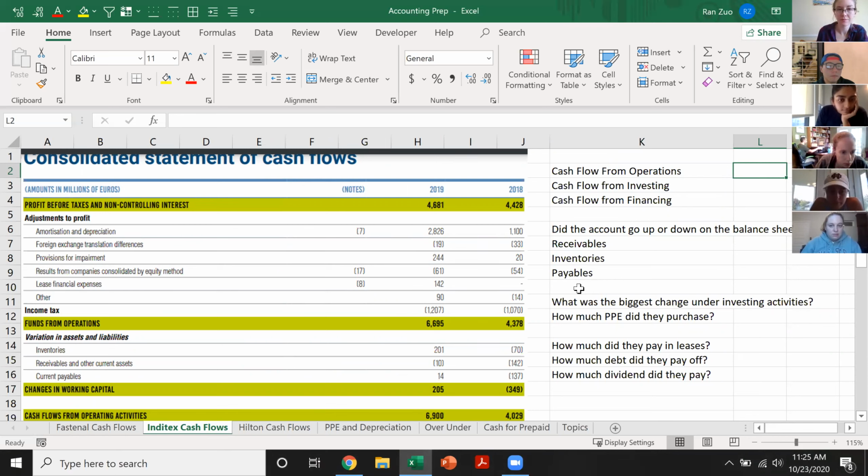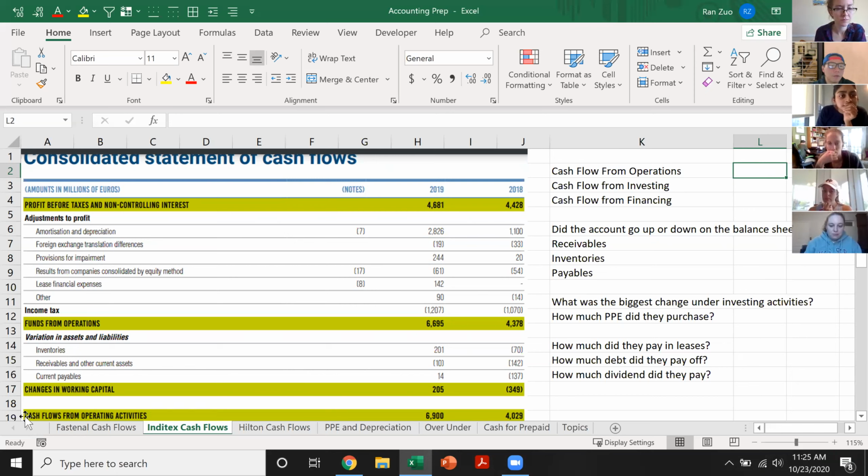It's in 2019, 6,695. You're close. Okay, got this number right. So look a little further down. Oh, so 6,900. Yeah. For some reason, under IFRS they do all these weird highlighting, and I think there was an example from class that was similar.